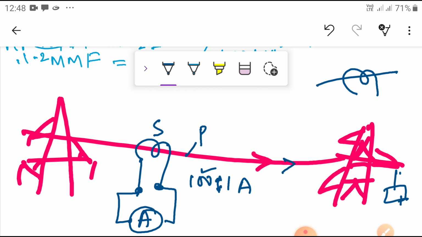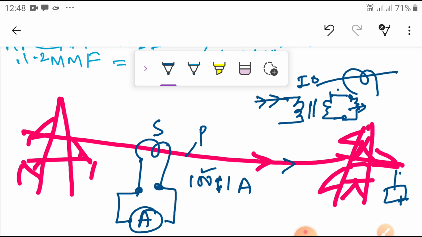Normally in a transformer, under no load condition the primary will draw the current I0. If it is connected to a load, it will draw more current, that is, the corresponding I2 dash current will come.